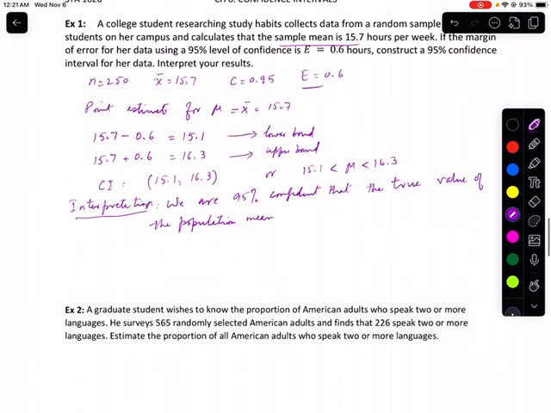We were talking about studying on campus, right? If you can mention what this is about, it is a good idea, but even if you wrote the population mean is between 15.1 to 16.3 hours per week.